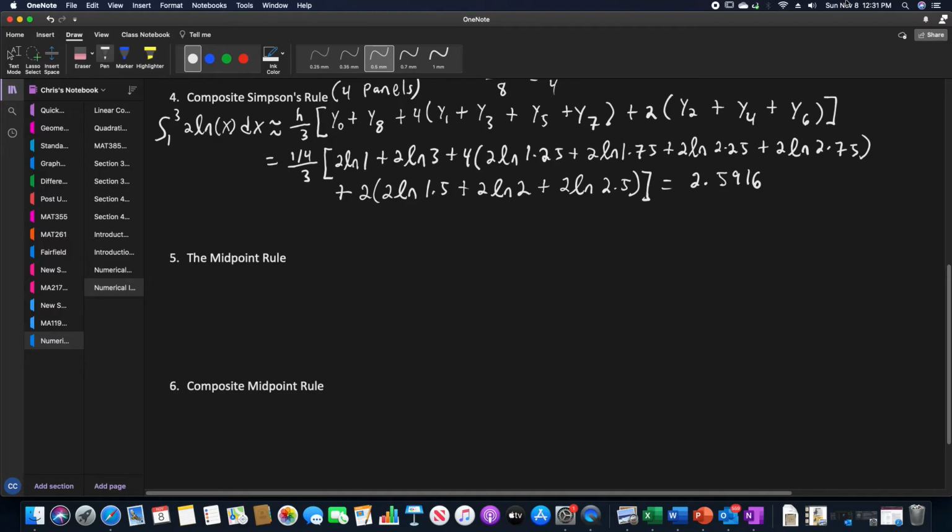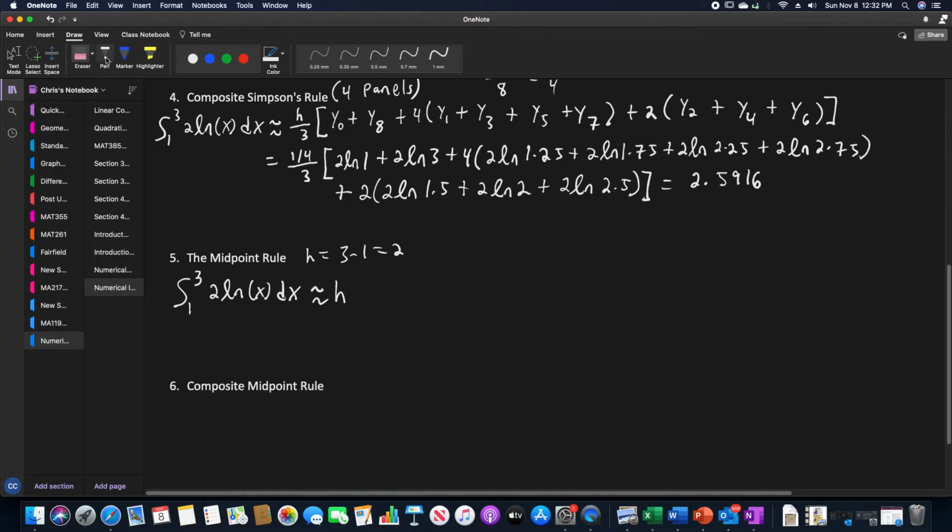So, the midpoint rule. This one's going to use an h of 3 minus 1, or 2. So, this integral between 1 and 3 of 2 times the natural log of x dx, this approximation just takes the form of h times the midpoint, which will be, and actually I shouldn't call that w.